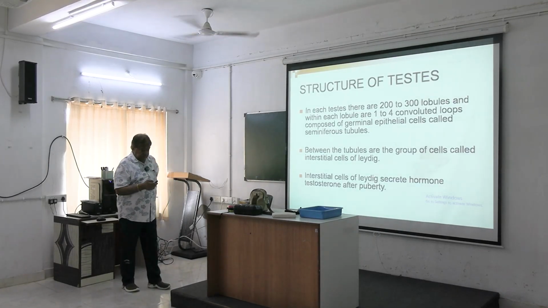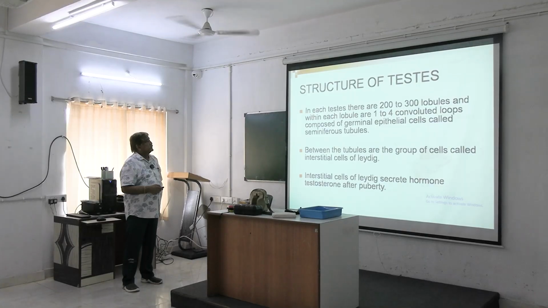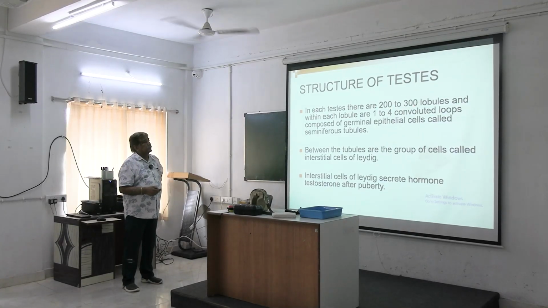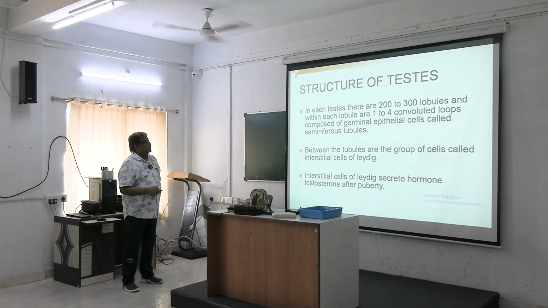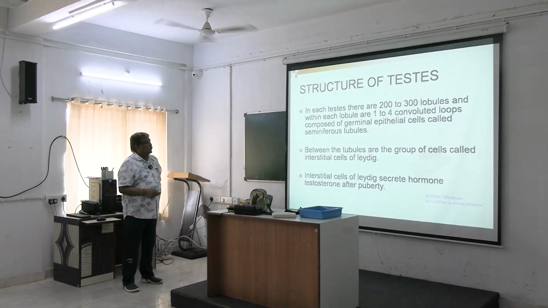Each testis has 200 to 300 lobules. Within each lobule are 1 to 4 convoluted loops composed of germinal epithelium cells called seminiferous tubules. Between the tubules are groups of cells called interstitial cells of Leydig.